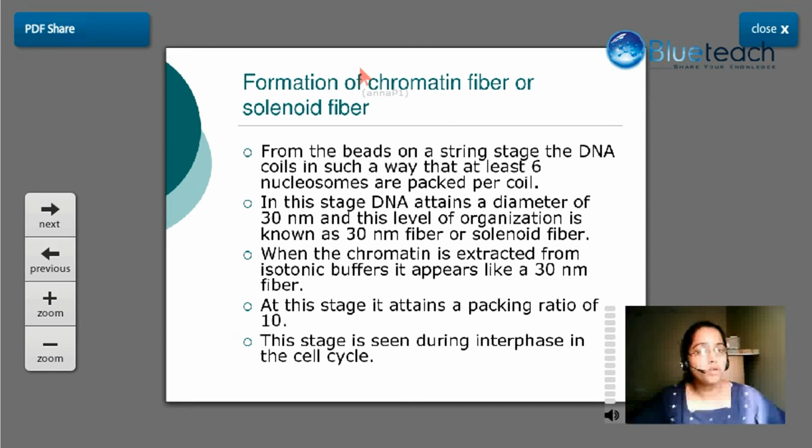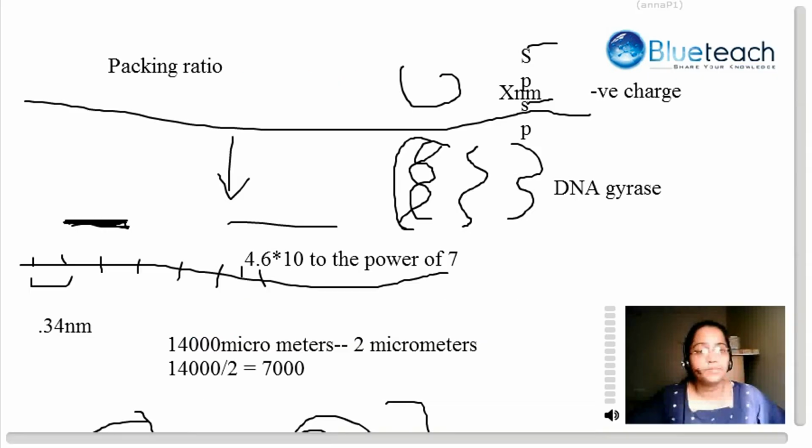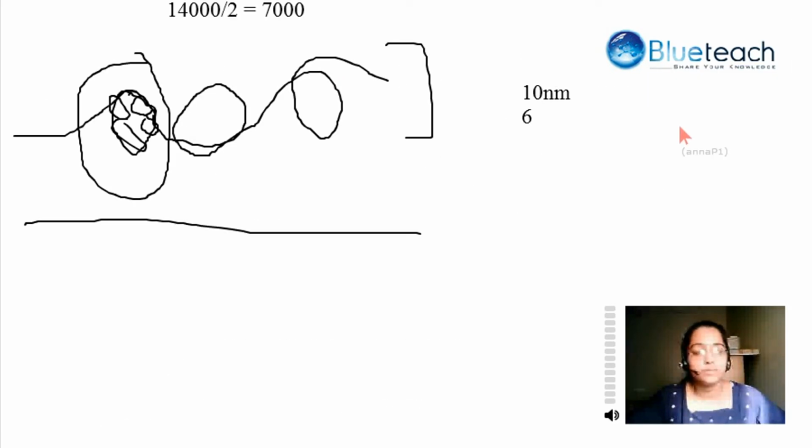So the formation of the chromatin fiber or the solenoid fiber is the next stage. As I said, from the beads on the string stage, the DNA coils in such a way that at least 6 nucleosomes are packaged per coil. So at this stage, this is the beads on a string stage.